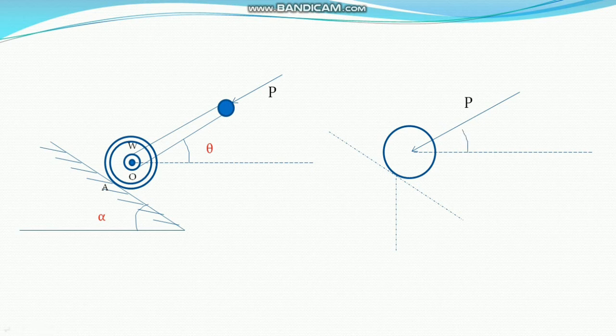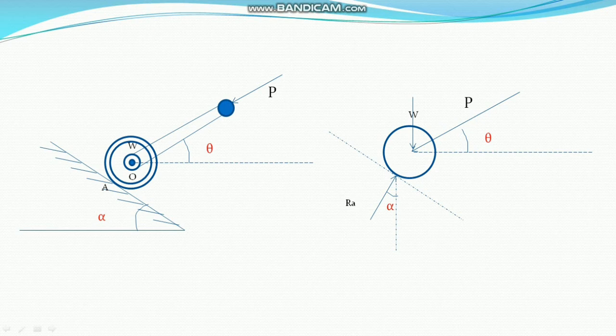Then the angle is theta, and the weight of the ruler is W, which acts downward. Then the reaction force comes from the inclined surface, that is RA, because it's exerted at point A. The angle between RA and the vertical line is alpha, since alpha is the angle given in the inclined plane.